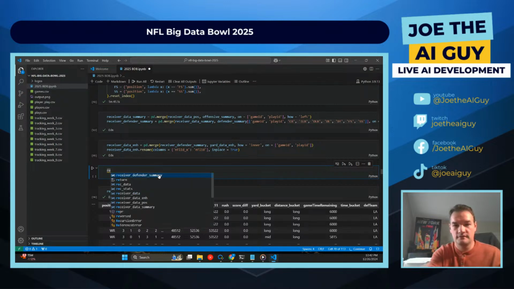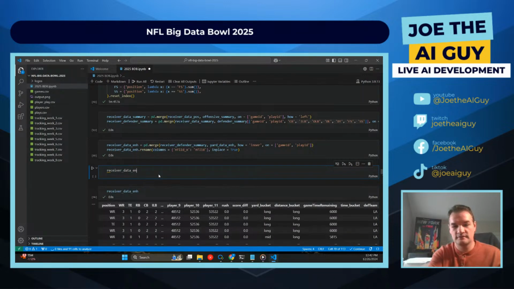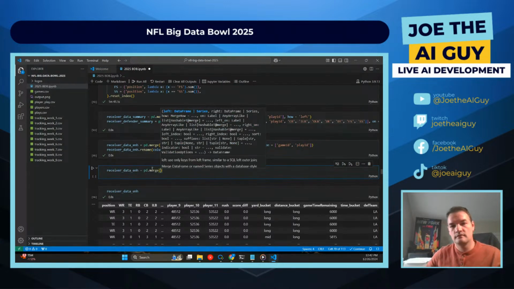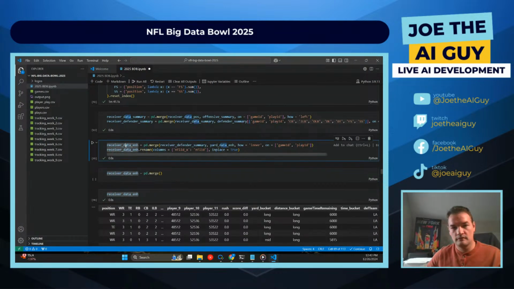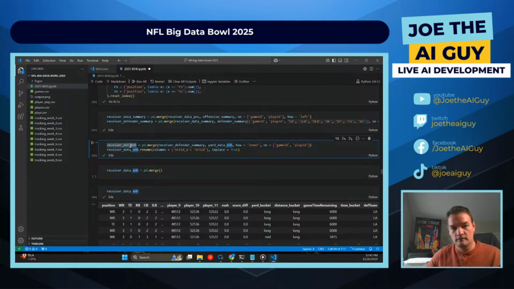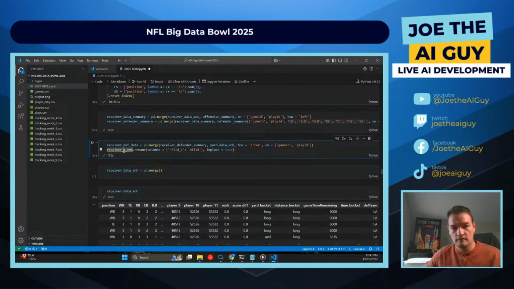Got receiver, data enhance. This way. So we're going to take receiver def data.